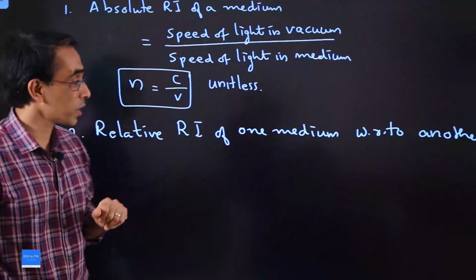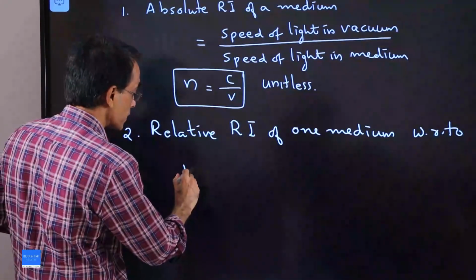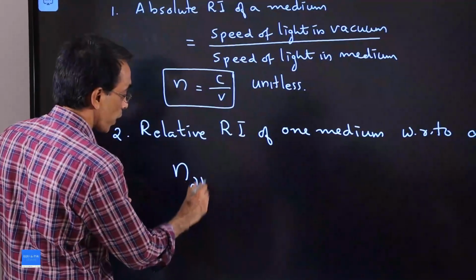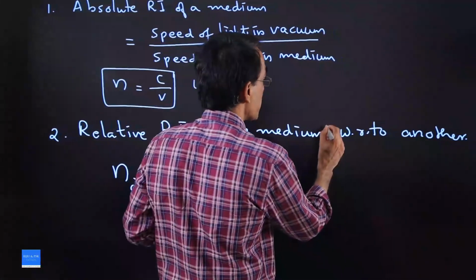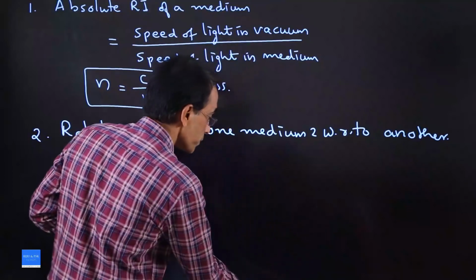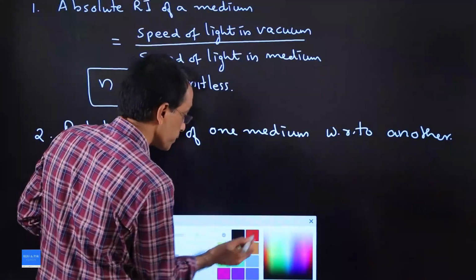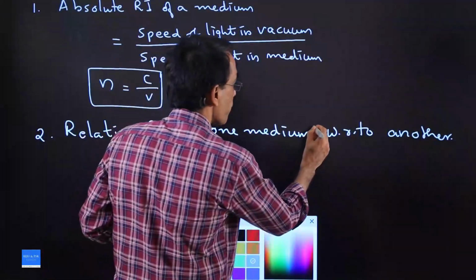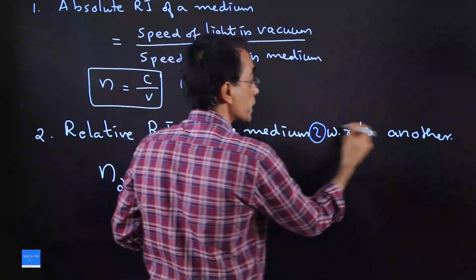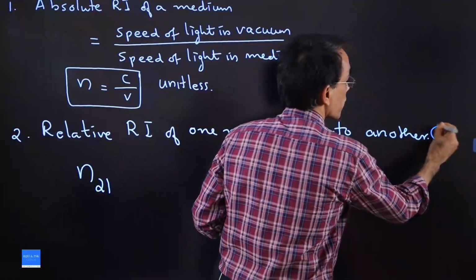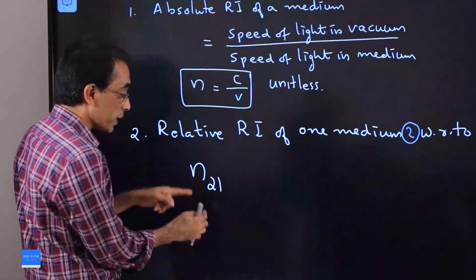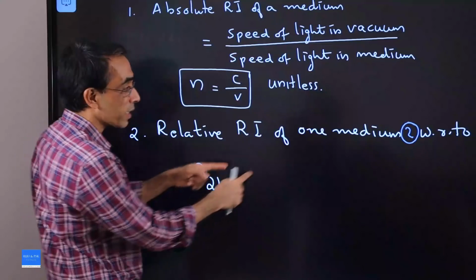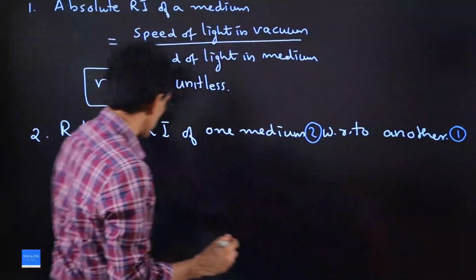This is written as n21. What is n21? One medium, that means medium 2, with respect to another medium 1. It's always in that order. So n21 is the refractive index of the second medium with respect to the first medium.